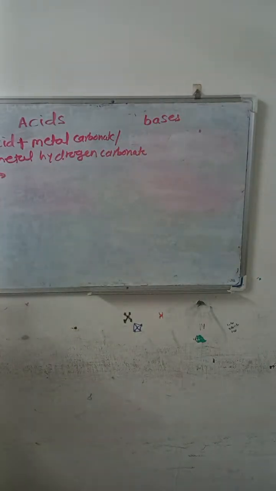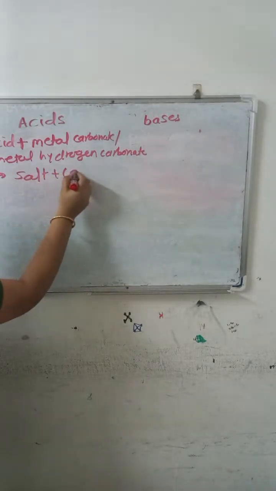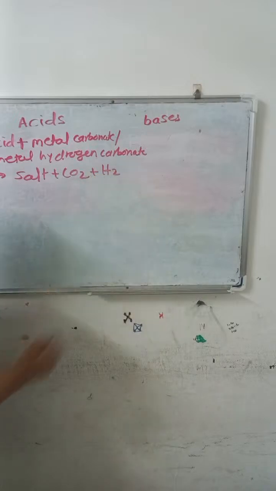When acid reacts with the metal carbonate or metal hydrogen carbonate, it always gives salt. Very important, salt plus CO2 plus H2O.